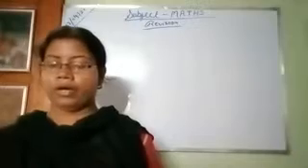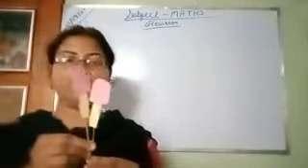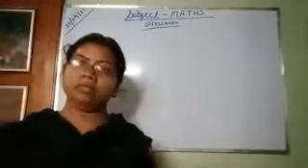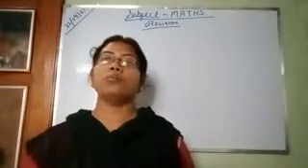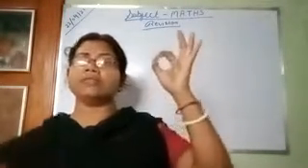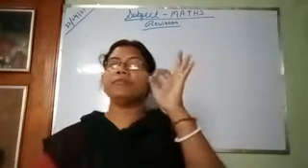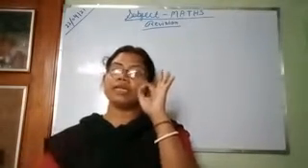Okay. Suppose I have 2 ice creams and I have eaten both. So how many are with me? Nothing is there. It will be 0. It will be a big 0.